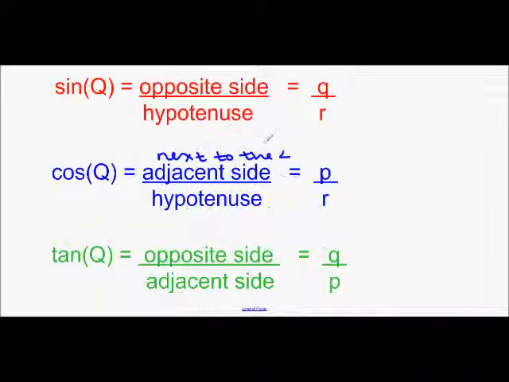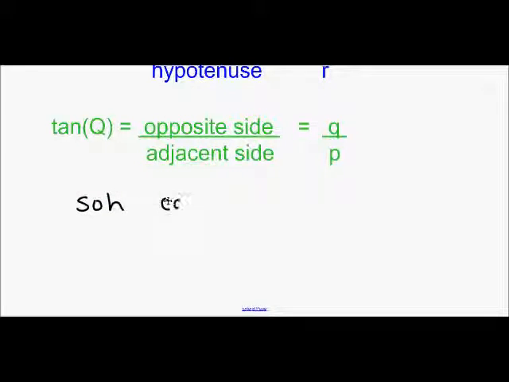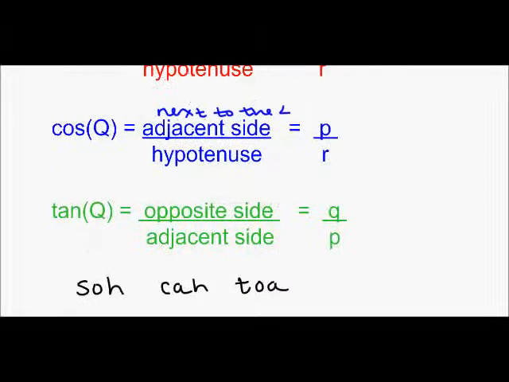I know that this is a lot, but we have a way for you to remember this. And you saw this on the last slide. SOH CAH TOA. It's kind of fun to say. You can try it. SOH CAH TOA.